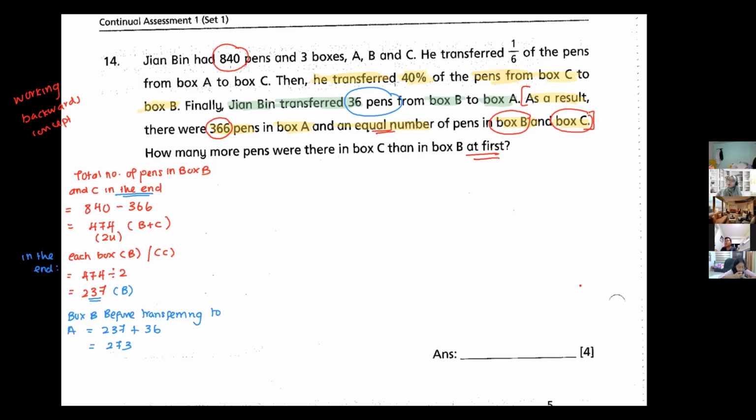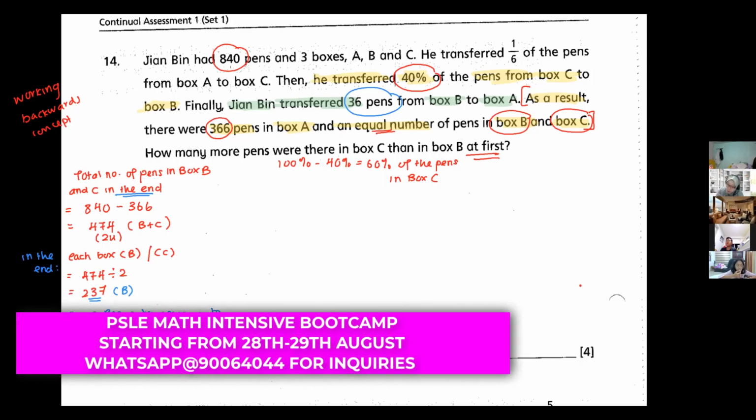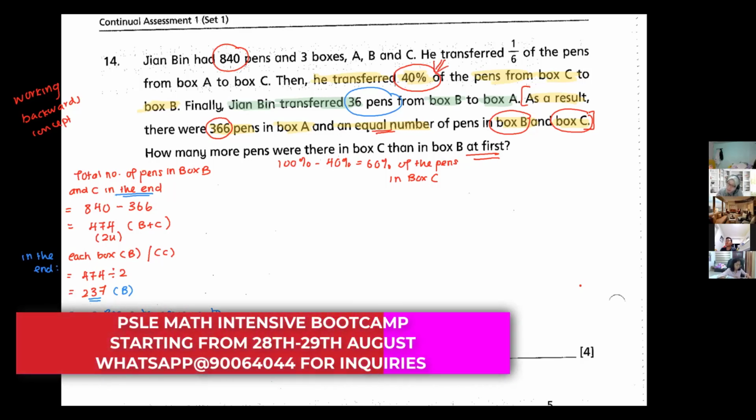Now we go one step backwards again. They say that he transfers 40%. If you transfer 40%, you take 100% and take away your 40%, and you're left with 60%. That 60% of the pens are in box C. The 40% is what we are finding out later on, because the balance is now 60%.